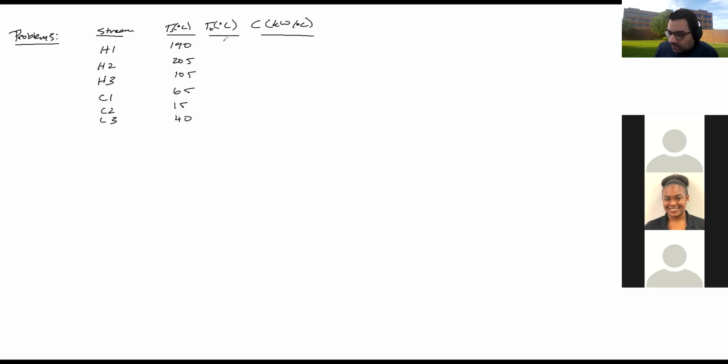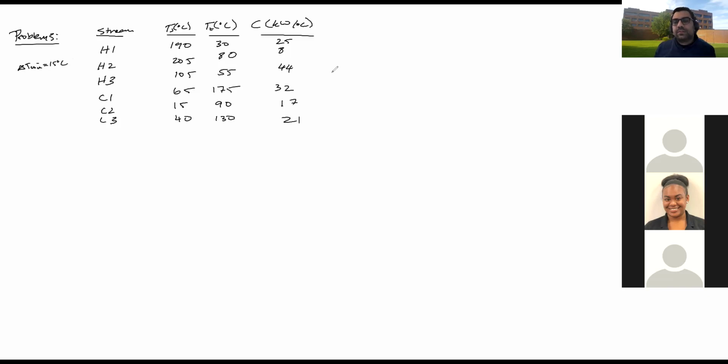My T target were 30, 80, 55, 175, 90, and 130. And the CP values are 25, 8, 44, 32, 17, 21. Okay, and I'm given the delta T minimum to be equal to 15 degrees Celsius.